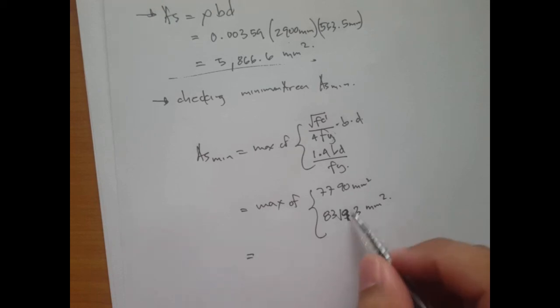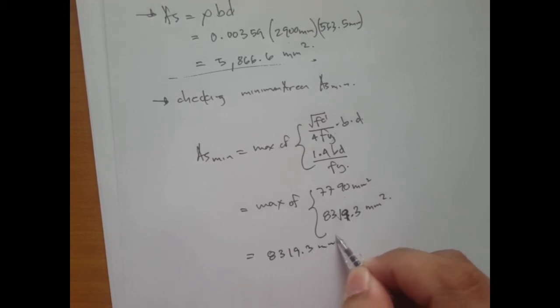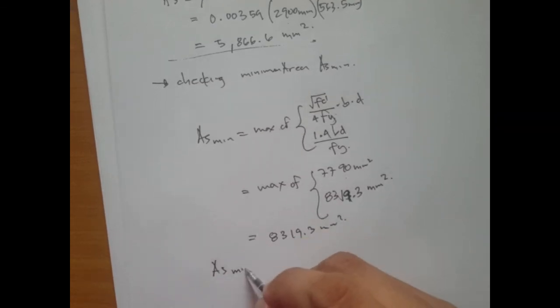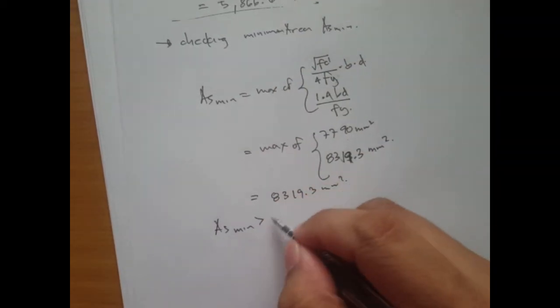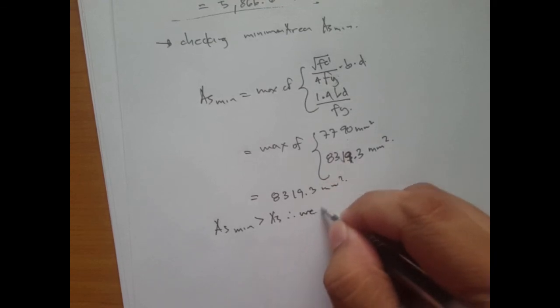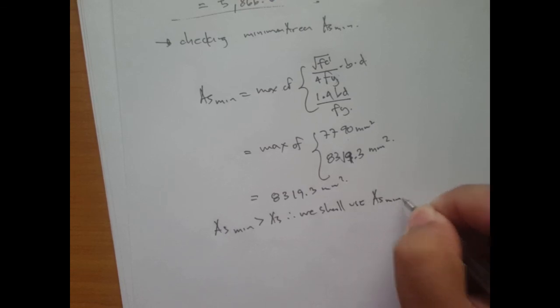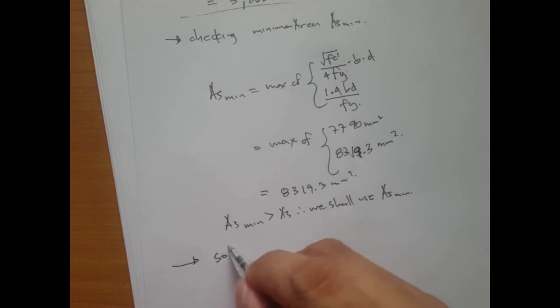Therefore the maximum of the two is 8,319.3 mm squared. We see that AS min is greater than the calculated area, which means that we shall use AS minimum.